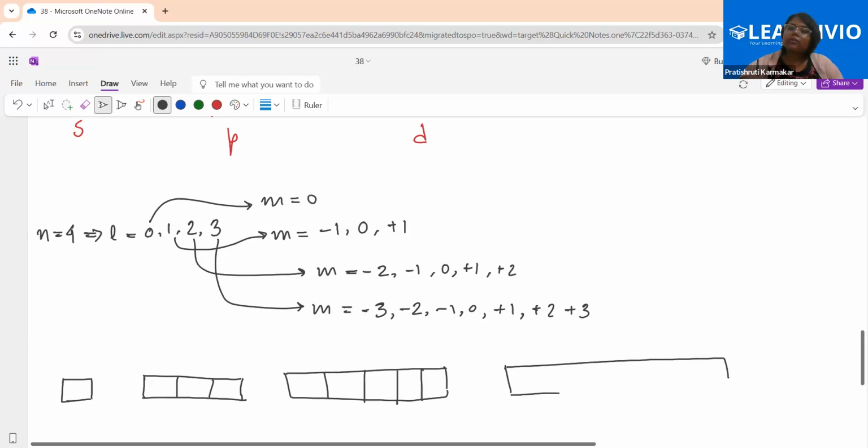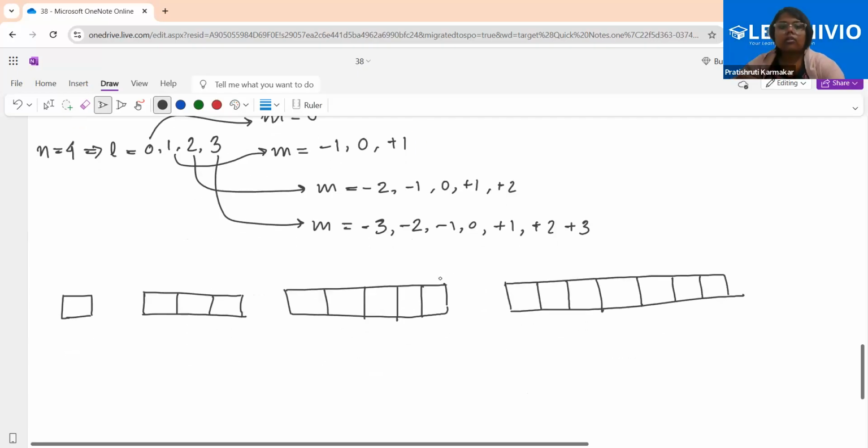And for F orbital, we will have 7 boxes. 1, 2, 3, 4, 5, 6, 7. Okay. So this is L equal to 0, L equal to 1. Please make sure you are understanding this because this is from atomic structure and we are already studying it twice.